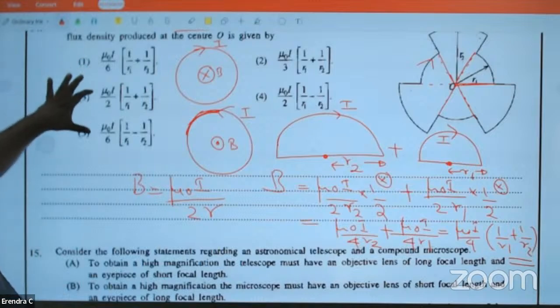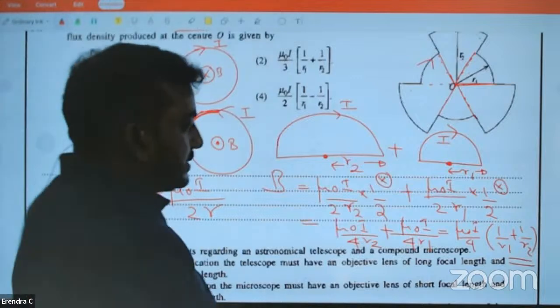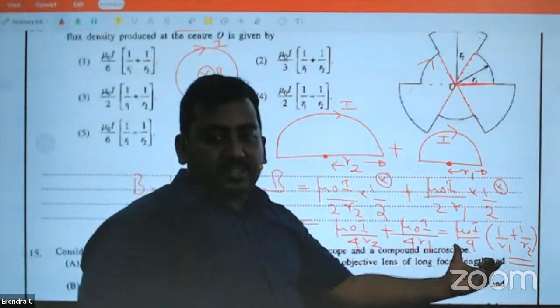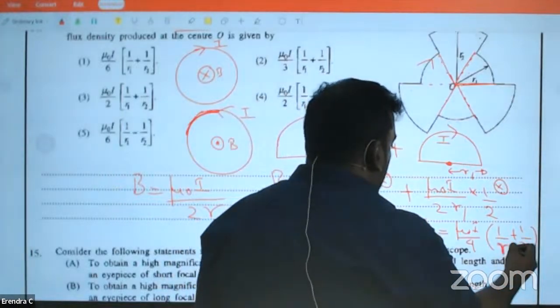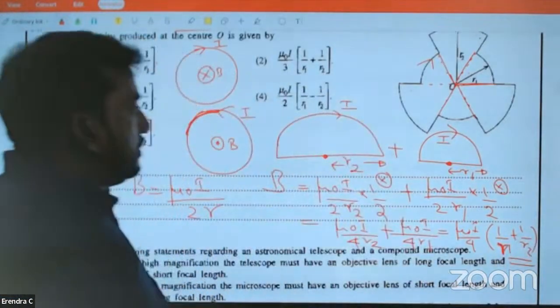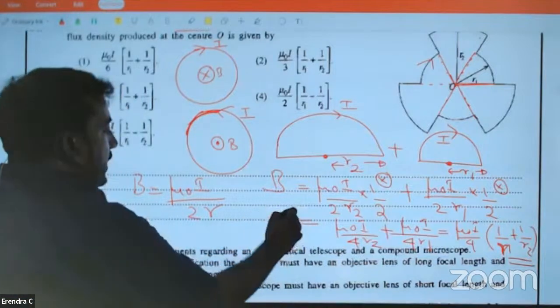Looking at this, you will see answers are not there. The marking scheme also has told, marking scheme has no answer. So this is your correct answer: mu naught I divided by 4, 1 over R1 plus 1 over R2. Magnetic field is acting inverse.